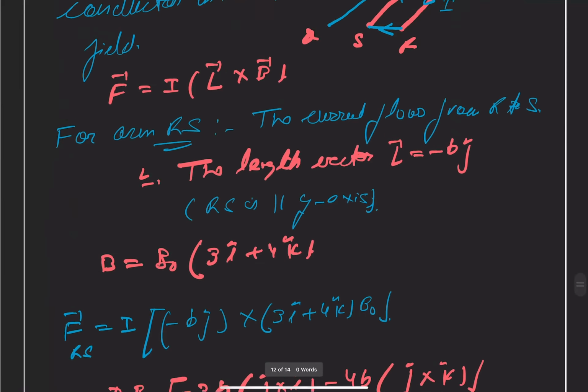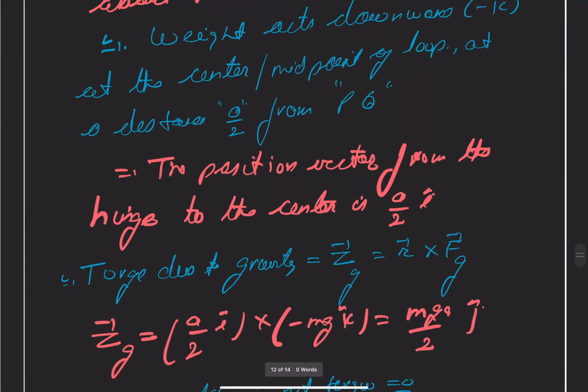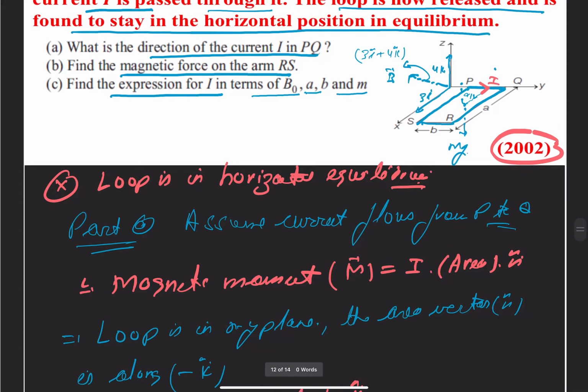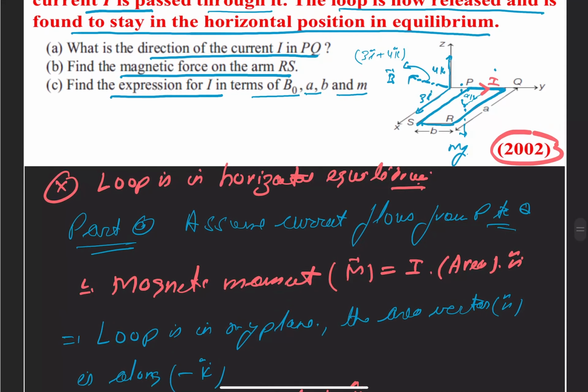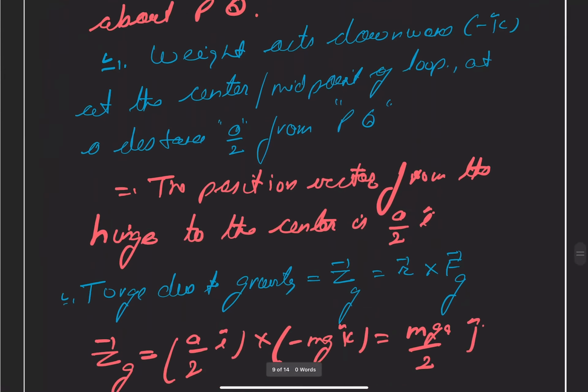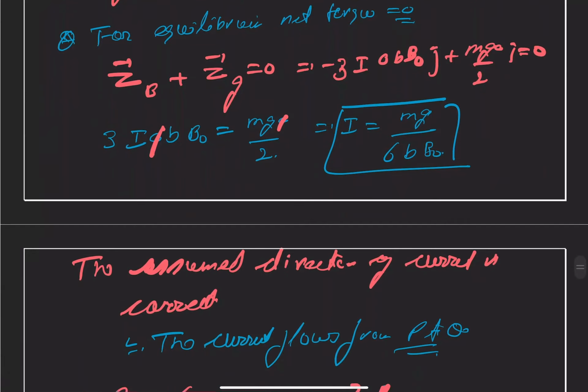And finally, in part C, find the expression of the current I in terms of B naught, a and M. And we have already derived this relationship. Let us call this equation number 1.